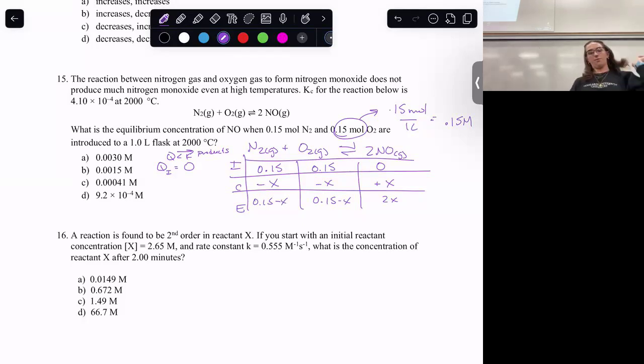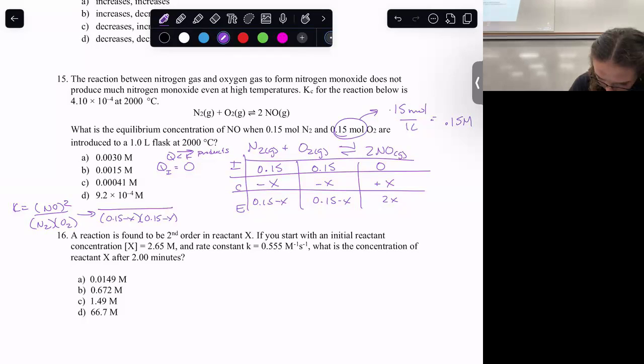So then when we solve for K, we have NO squared over N2 times O2. So this goes to 2x squared, the entirety of 2x, not just the x, 2x squared, times 0.15 minus x and 0.15 minus x.